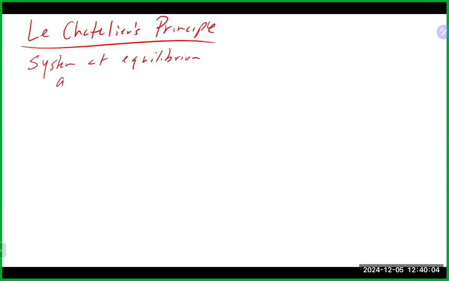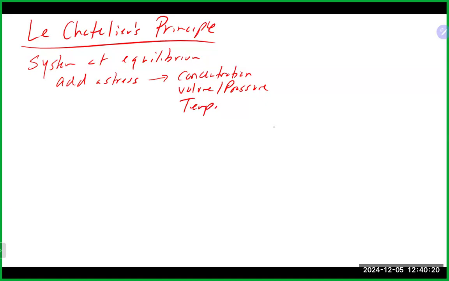So you add a stress. And remember that when we add a stress, that can be concentration, that could be volume or pressure, that could be doing something with the temperature, that could be adding a catalyst.